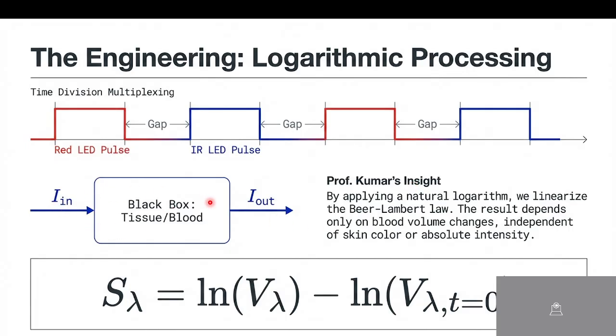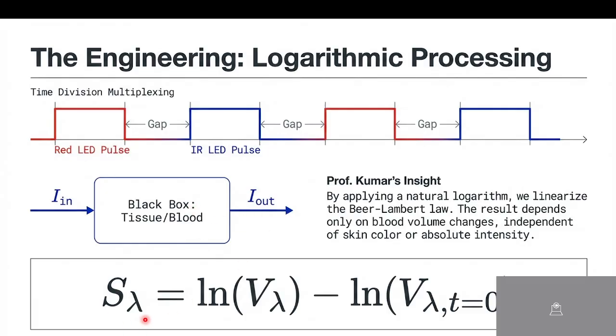Anyhow, because of the tissue and many other things, skin color can also interfere with the blood oxygen calculation or measurement. But despite a different skin color or tissue density, it can actually measure with very high precision.